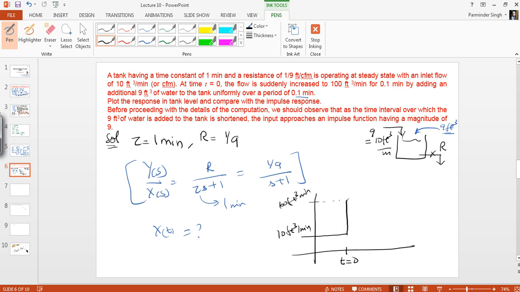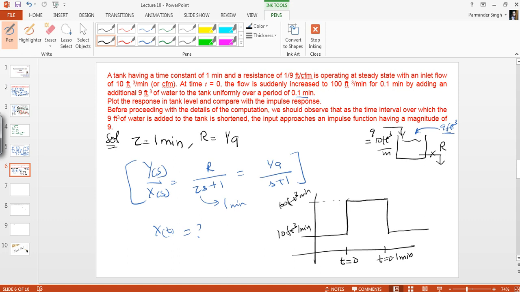Per minute, right? By adding an additional 9 feet cube over a uniform period of 0.1 minute, the flow remains at 100 till t equal to 0.1 minute, and then after 0.1 minute it again comes back to its initial value.